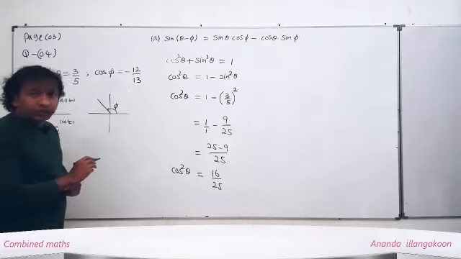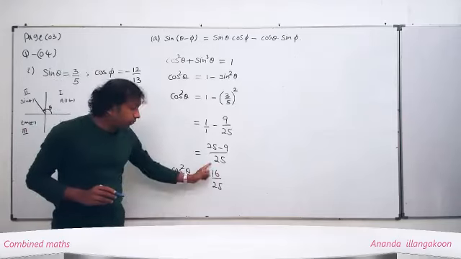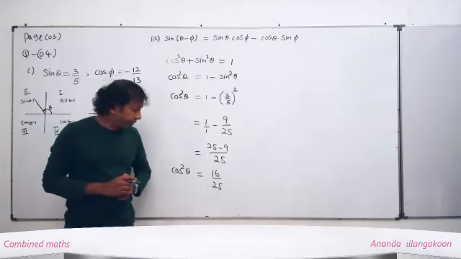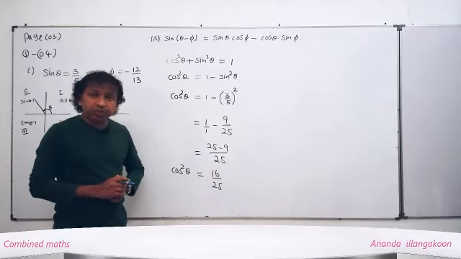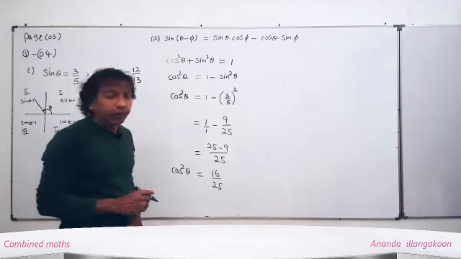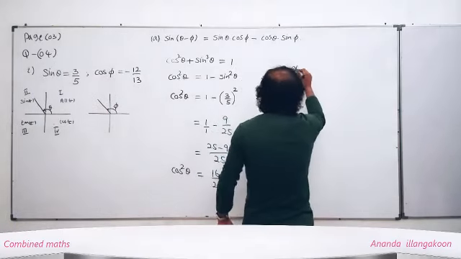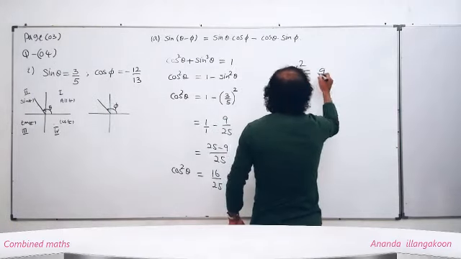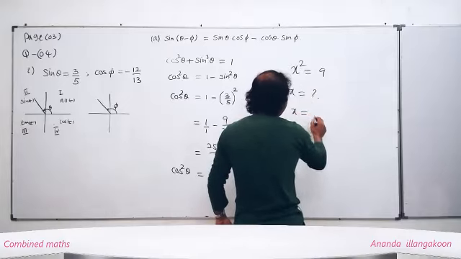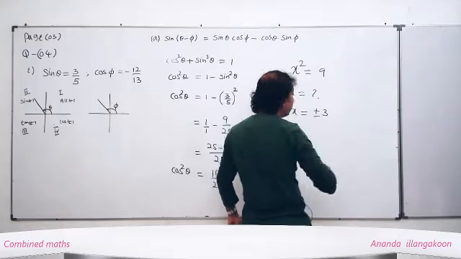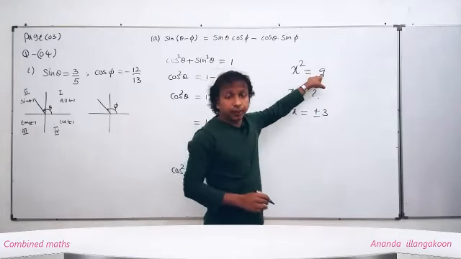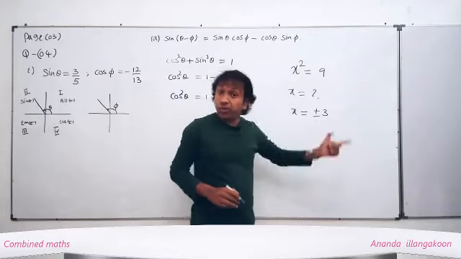Now to find this cos theta, we have to take the square root on the right hand side. Once you take the square root, people, we have to put plus or minus. That is very obvious, no? For example, if I consider x squared equals 9, x has 2 answers, plus or minus 3. Why? Plus 3 squared is 9, minus 3 squared is also plus 9, people.